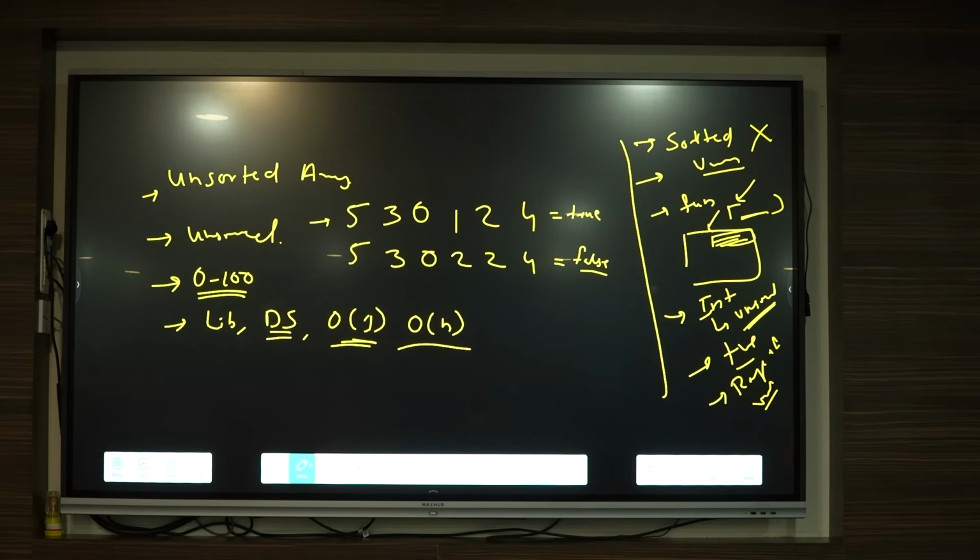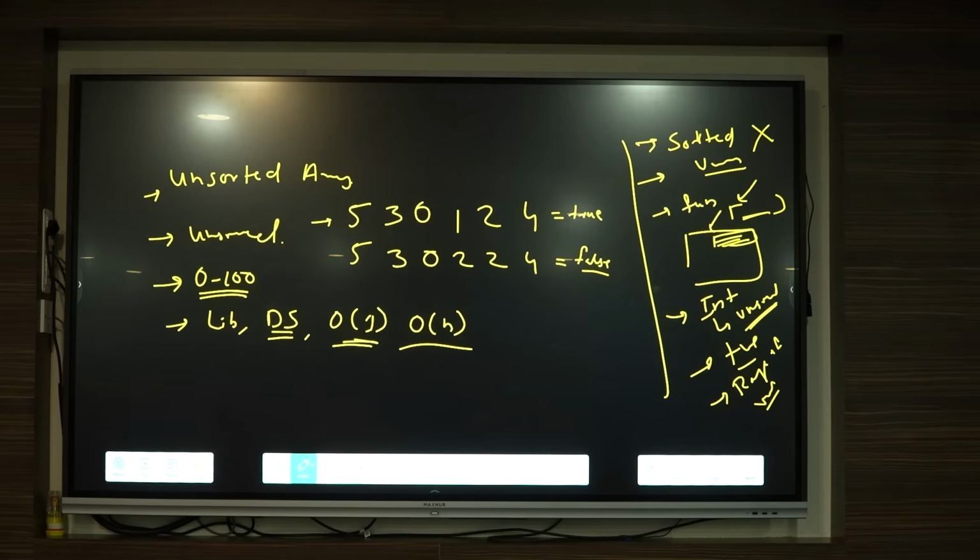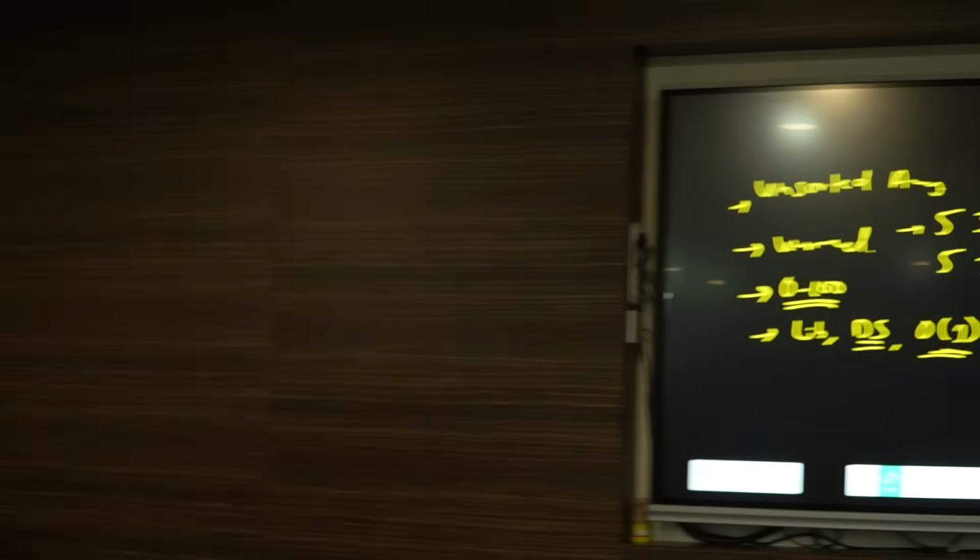Max you can use is maybe 1 or 2 variables, and you have to do it in O of n. This was the interview question that was asked to me in 2006 or 7 when I joined Microsoft. That's why I remember it so clearly.